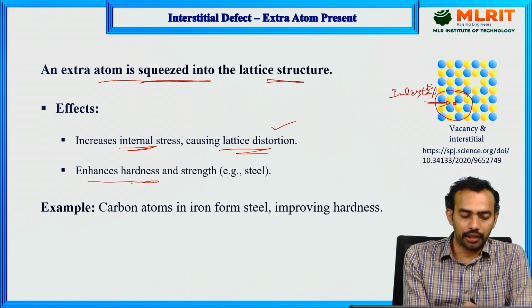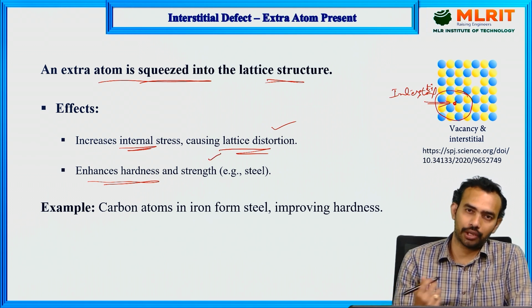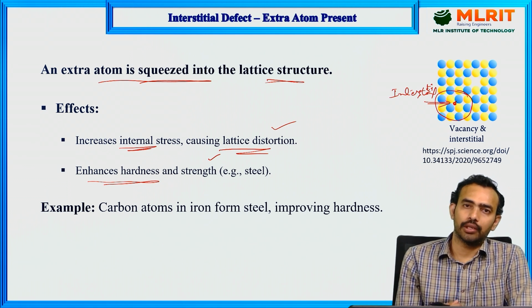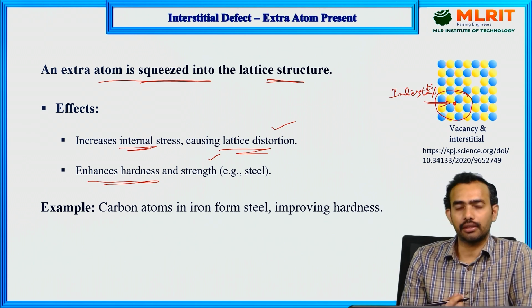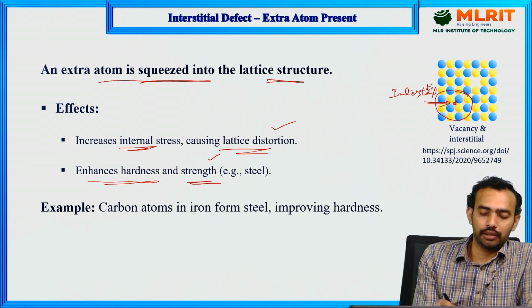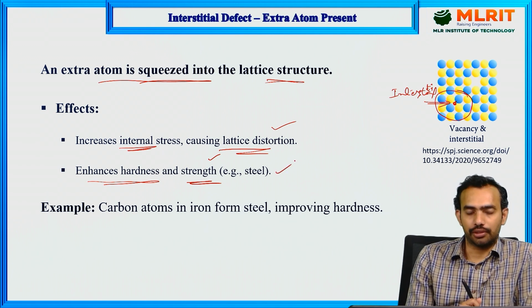But it enhances the hardness and strength of the material, because the additional atoms also participate in bearing the applied load and offer resistance against it, so the hardness and strength of the material are enhanced by the presence of interstitial defects.